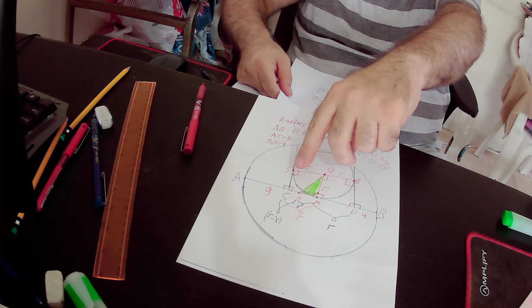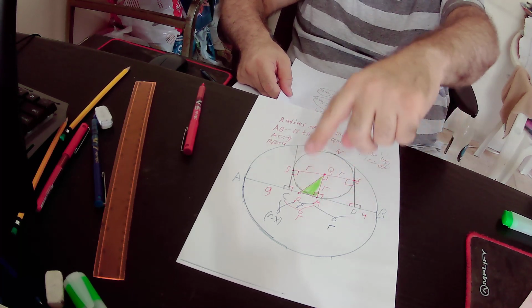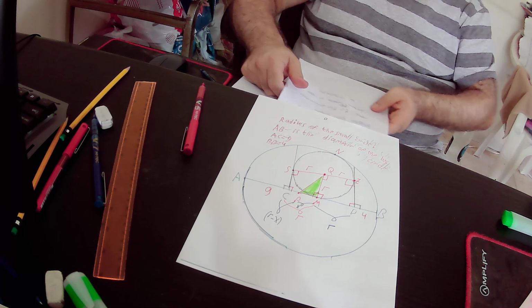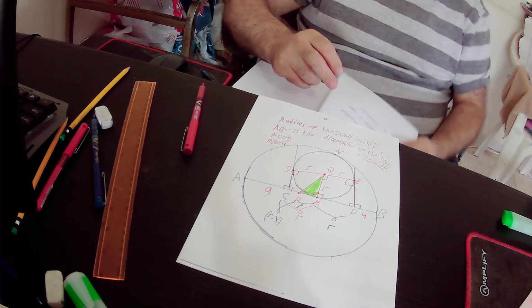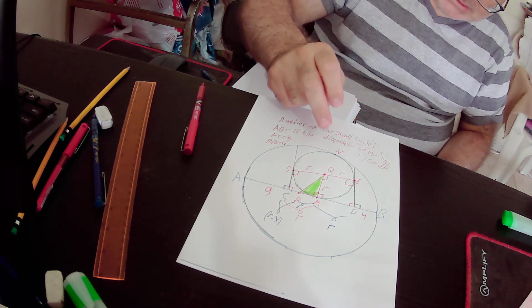This is the first one, this is the second one, and this tangent is the third one. Those 3 tangents have 3 launch points.